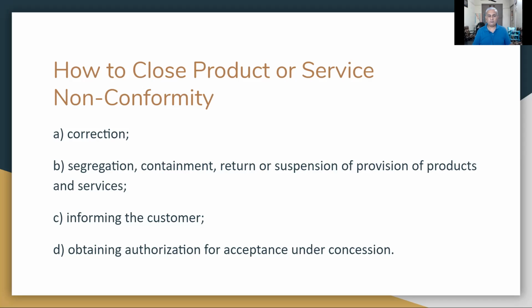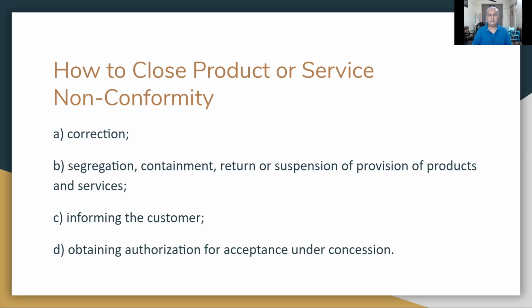If points A and B are identified and we have contained it, point C can be actioned. That is, first of all, inform the customer with the batch details, the date of manufacturing, the number of non-conforming units out of the total number of units manufactured, and all these details should go to the customer, because you exist because of your customer's requirement.